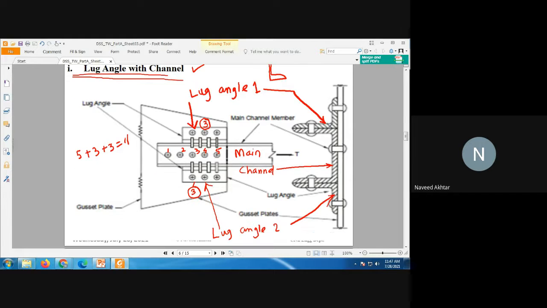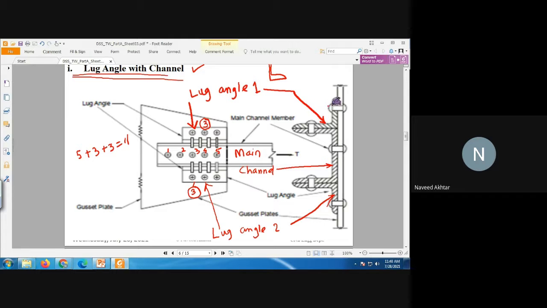Okay, so you can see here this one is the channel member, and then angle at the top and angle at the bottom, they are connected with each other, and we are providing this lug angle with them. So it may be a bolted connection. Here you may see a riveted connection, but you can provide a bolted connection.